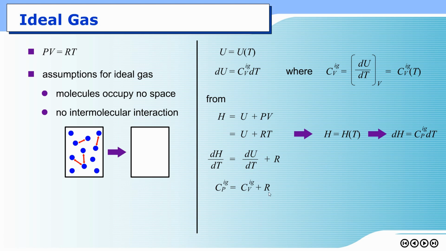So at the end you obtain the relationship between Cv and Cp for ideal gas to be this equation. And please note that this equation was derived only for ideal gas, so therefore it is invalid for non-ideal gas or other kinds of fluid.